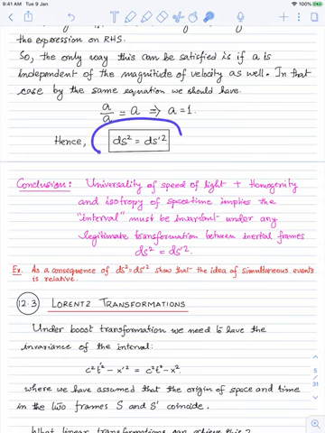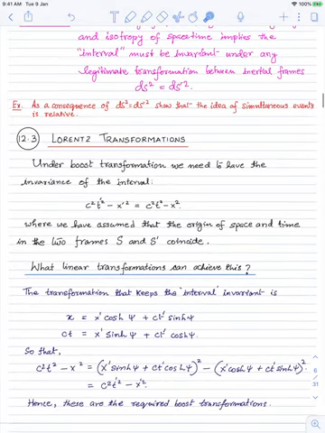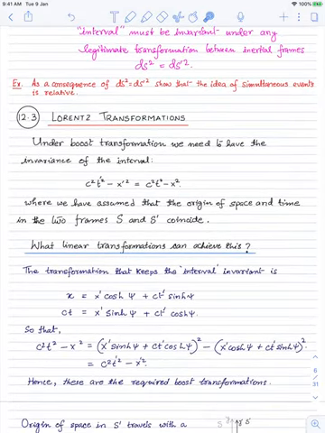Okay, if this interval has to be invariant, then it is a direct consequence that simultaneity becomes relative. Okay, this you can immediately show, just two words from here. Okay, so good.